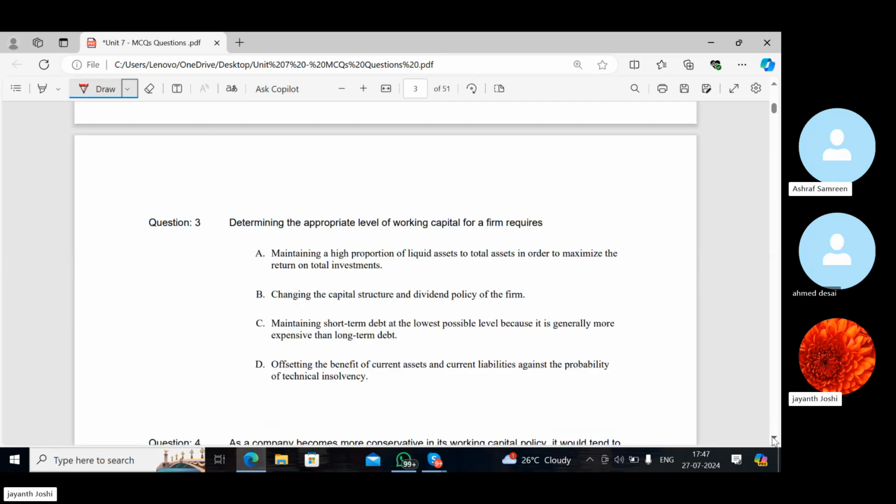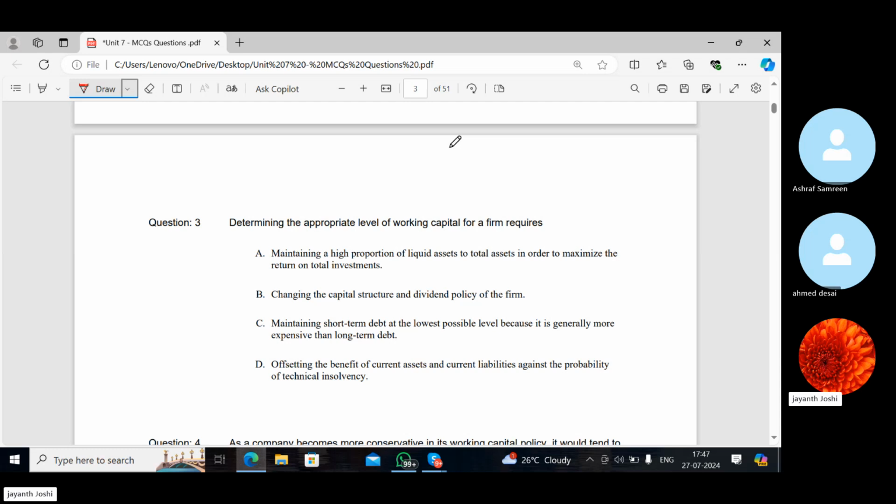Determining the appropriate level of working capital for a firm requires what? Can you just try to answer this question? But I think D option, offsetting the benefit of current assets.